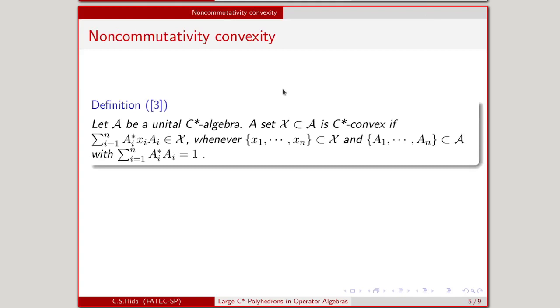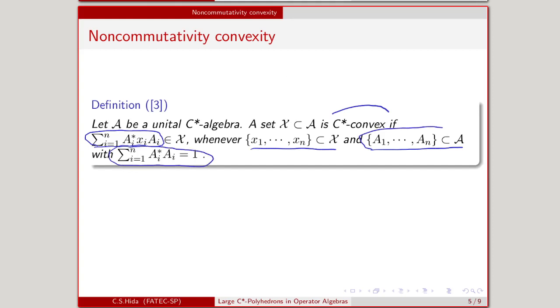If A is a unital C-star algebra, we say that a set X is C-star convex if every time we take points of the set and points in the algebra satisfying this type of convexity, the resulting operation gives an element that is still in the set X.